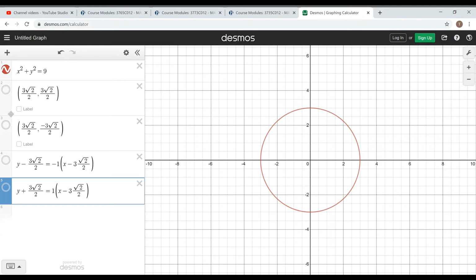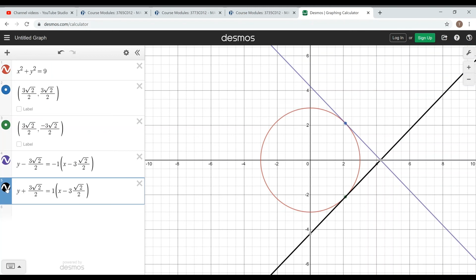Then we found two points on this circle that we were concerned with, and we wanted to find the tangent line at each one of these. Let's start off with the tangent line of this top one. We found it to be this next equation that I'm going to activate here. And you can see we found the tangent line. Let's see how we did with the other point. Looks good.